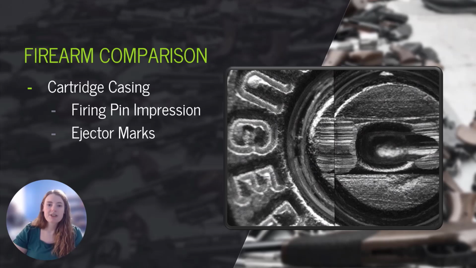When examining cartridge casings, investigators can compare the marks made by the firing pin and the ejector. The photograph on this slide shows a comparison of two firing pin impressions. You can tell that this cartridge casing was center fire because there's an indentation in the middle from the firing pin. Some firing pins create square or oval shape impressions, and that can also be used as a class characteristic for comparison.